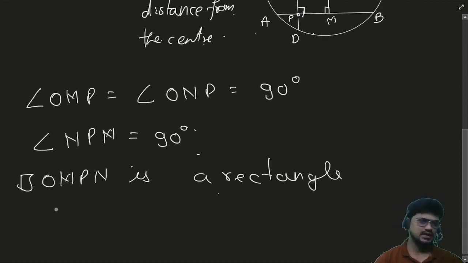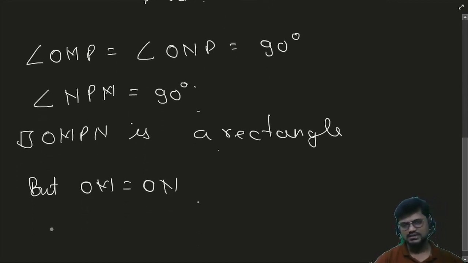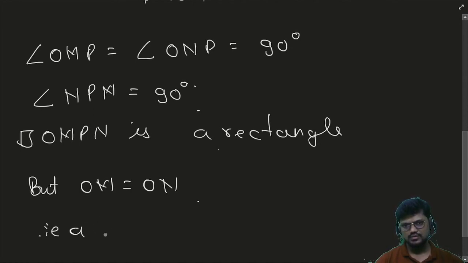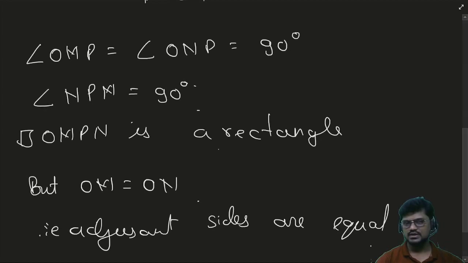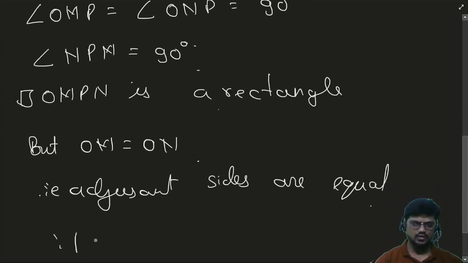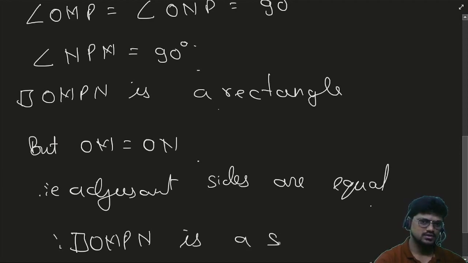After that, the adjacent sides are equal: OM is equal to ON, that is, adjacent sides are equal. Therefore, quadrilateral OMPN is a square. Got it, now how to write?